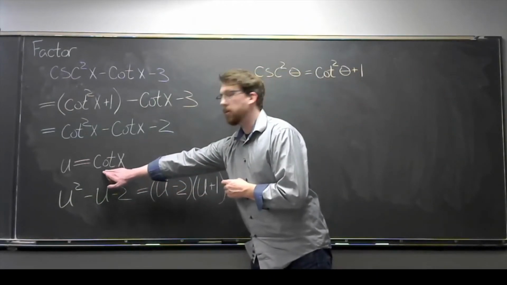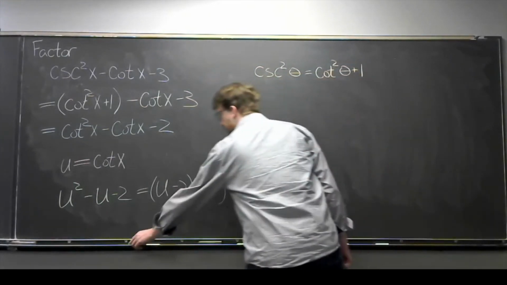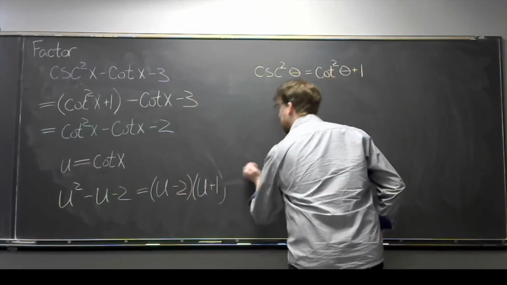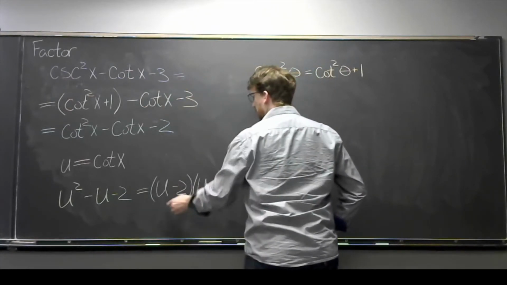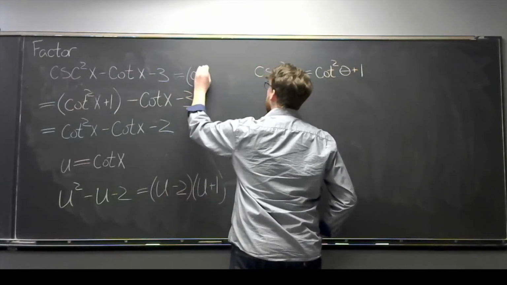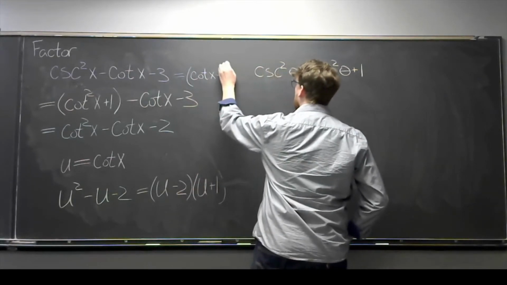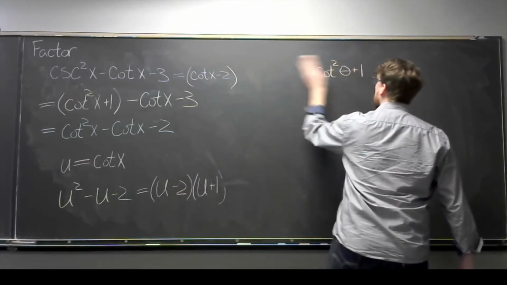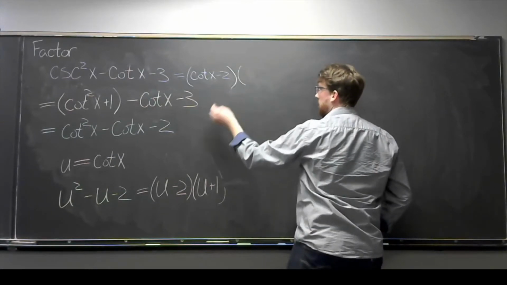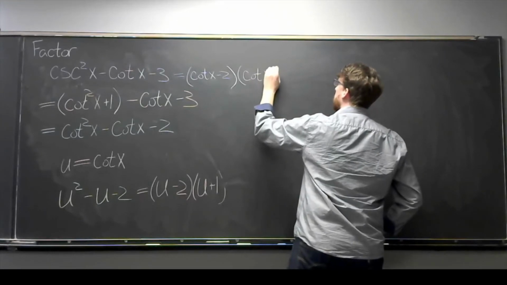Substituting our cotangent of x back in for u, we're going to find that all of this is equal to the quantity cotangent of x minus 2 times the quantity cotangent of x plus 1.